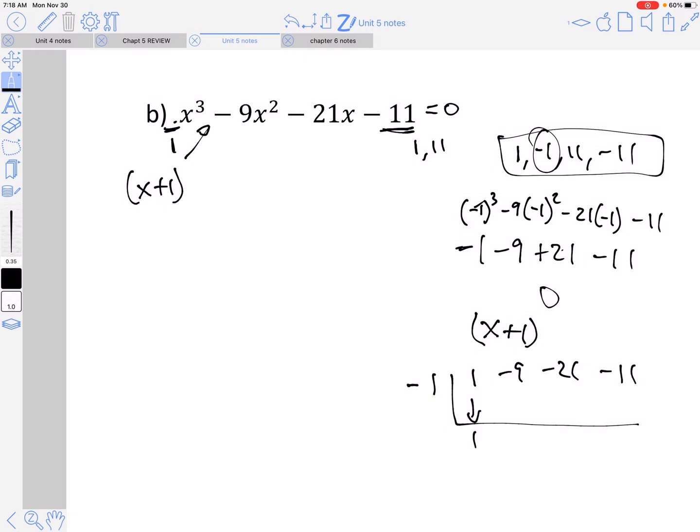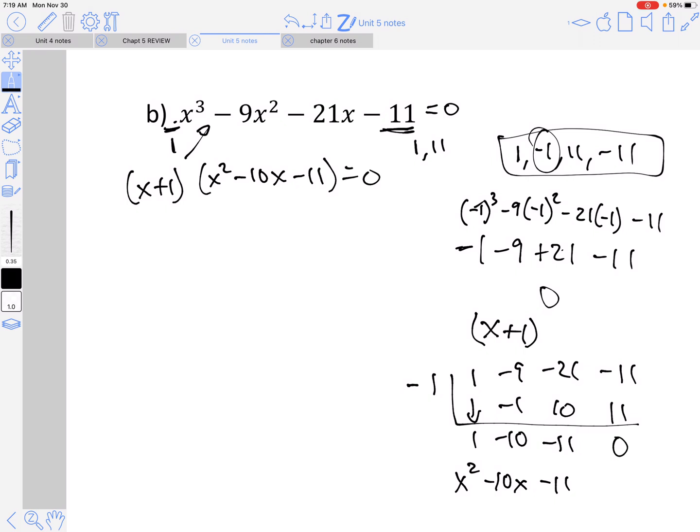Bring down the 1, -1, -10, +10, -11, +11, 0. So I have x squared minus 10x minus 11. Great. If you don't believe me, multiply those together and you will indeed get that. Okay? So we're just cracking away at this. So we cracked out the first factor.